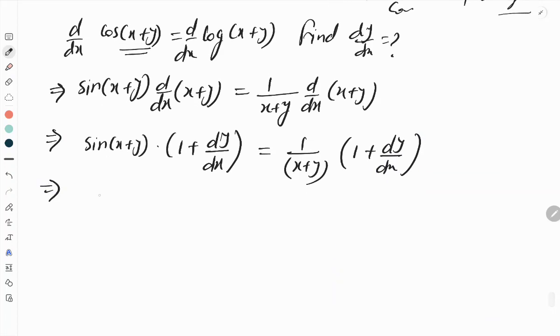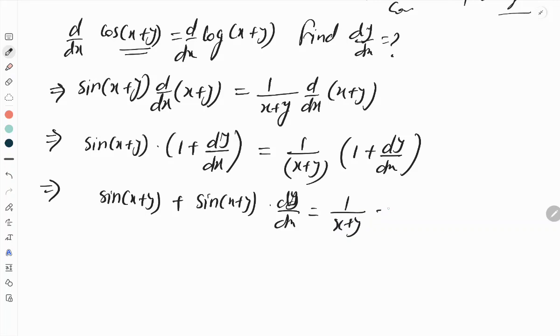Okay, so multiply it: sin(x + y) plus sin(x + y) into dy/dx is equal to 1 upon (x + y) plus 1 upon (x + y) into dy/dx.